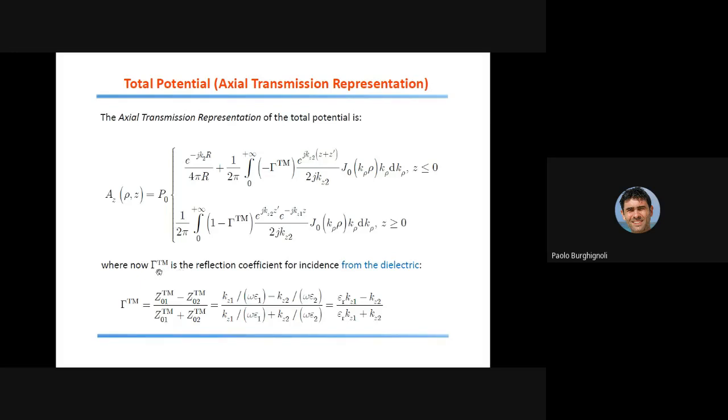Now, this reflection coefficient is the reflection coefficient for incidence from the dielectric, because now the source is inside the dielectric. So it has a different sign with respect to the reflection coefficient that we used in the previous lesson. However, the structure of the singularities is of course the same.